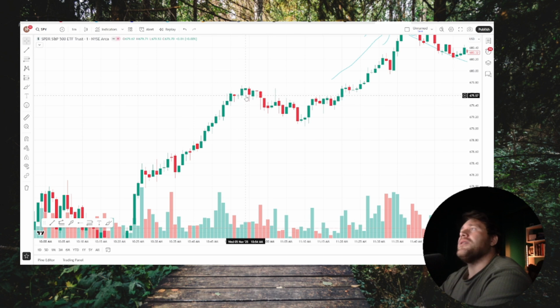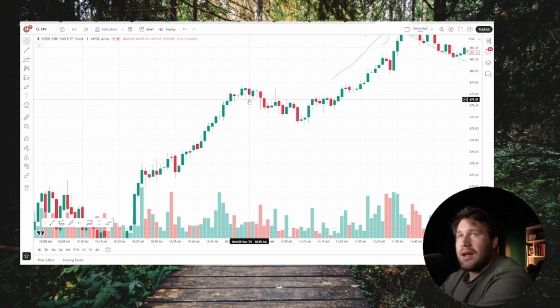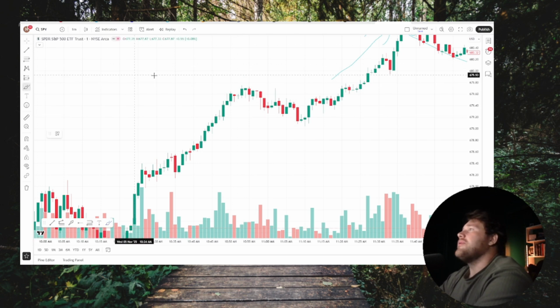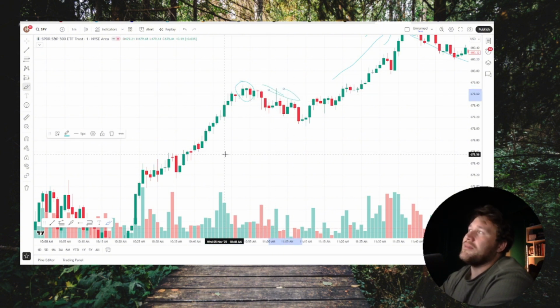Tried to engulf the previous candle, but couldn't. Buyers brought it back up. And then the next candle, sellers brought it back down again. Pretty extreme downside there, right? They brought it way down. This type of formation at the top of rallies is another sign of a reversal. That was the worst arrow ever. And you can see that price action brought it down.